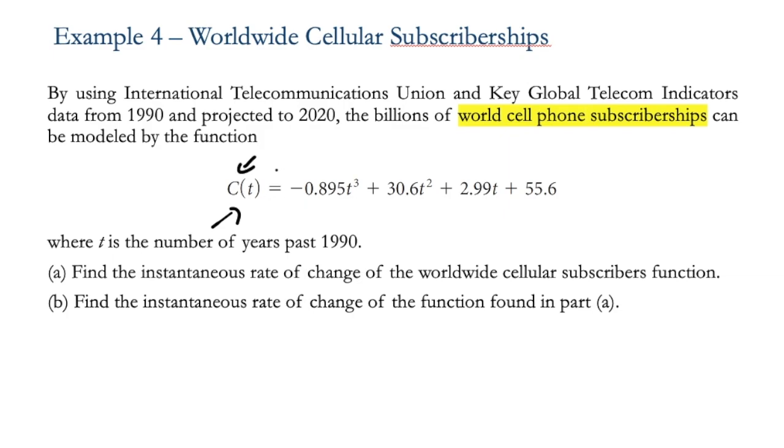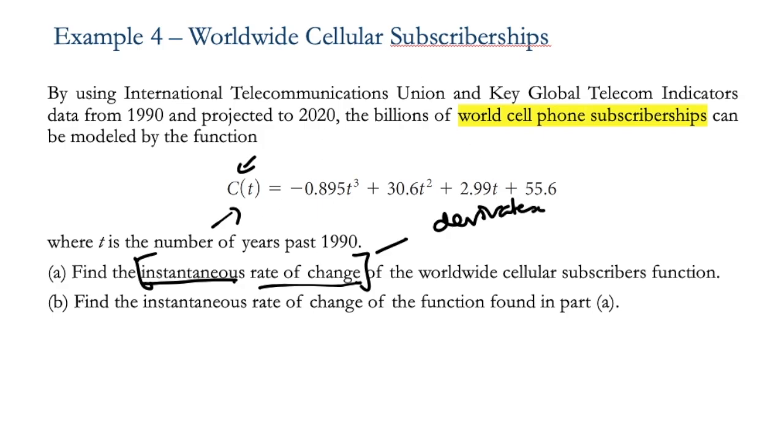So this is basically t, remember, the number of years. C of t, remember, phone subscriberships, how many subscribers over the years. Find the instantaneous rate of change of the worldwide cellular subscribers function. When we talk about instantaneous rate of change, this is another term for derivative.